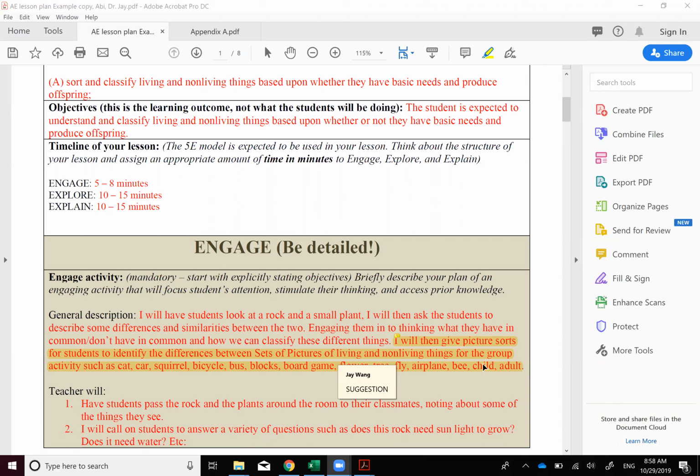Probably you don't have time to give them pictures for sorting living or non-living things, because elementary kids need time to process information and make decisions.